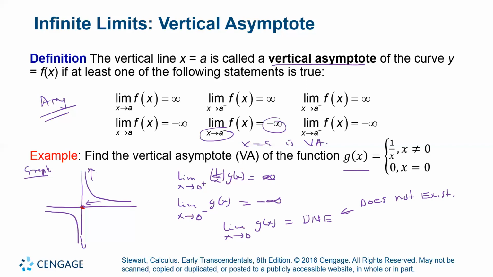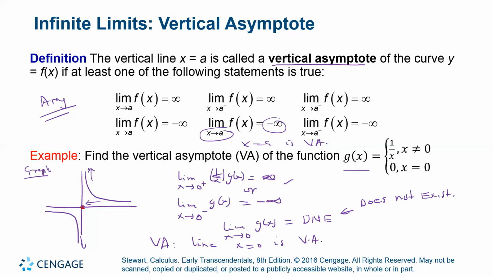So in this particular example, the one-sided limits are not equal. However, since we got this, we can say this or that, that the line x equal to 0 is the vertical asymptote.